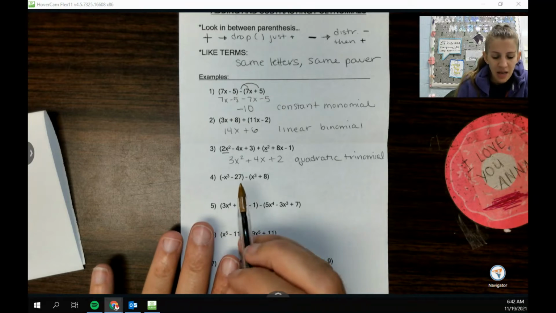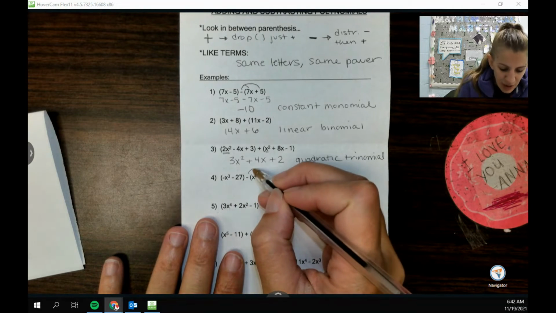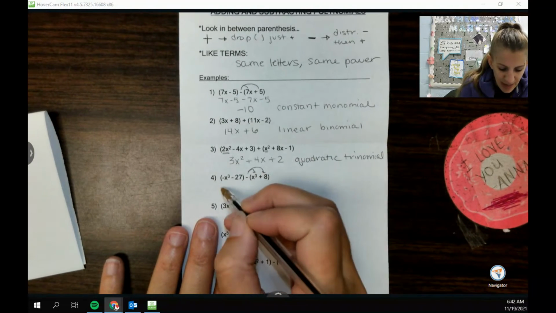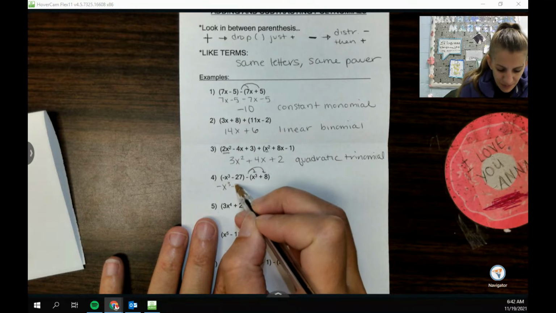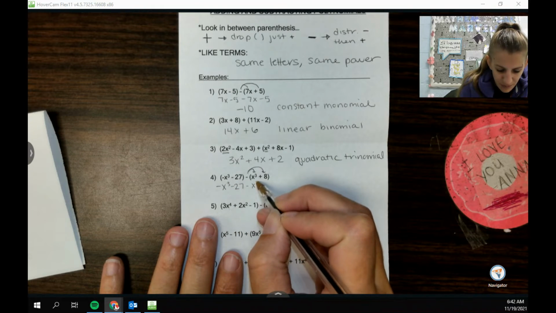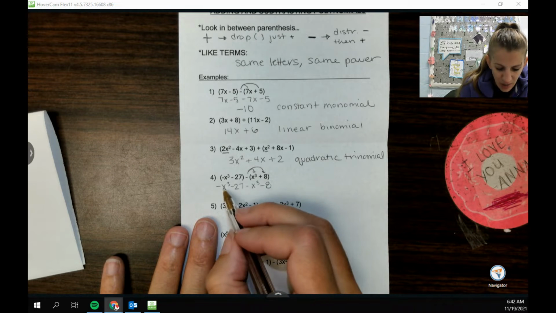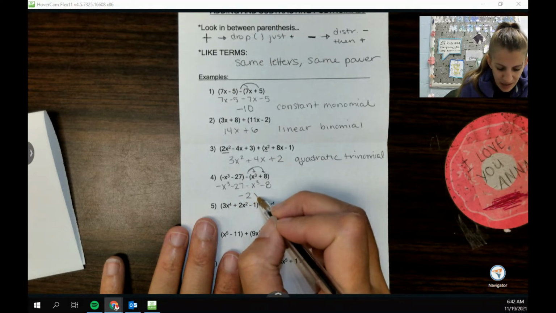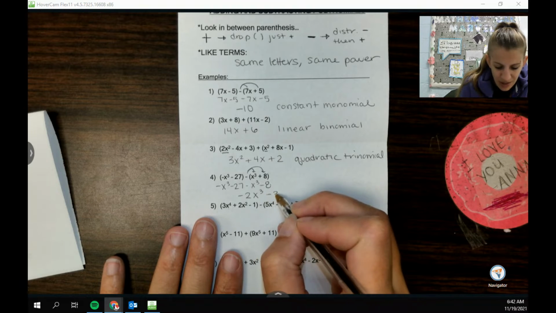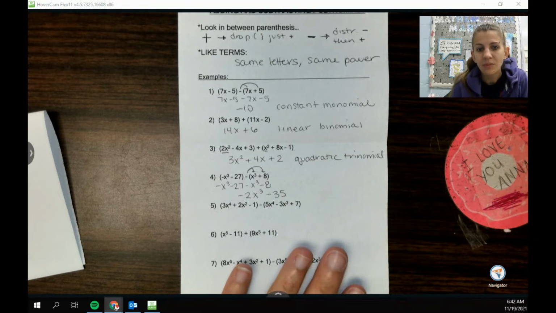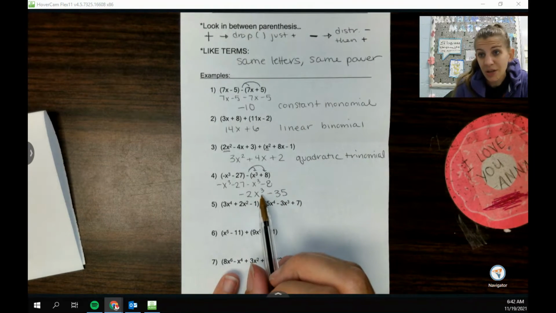Okay. This next one here, we are subtracting, so I'm going to want to distribute that negative. And then I would combine my like terms, so I'd have negative 2x to the third minus 35, which, to the third, we haven't really talked about yet.